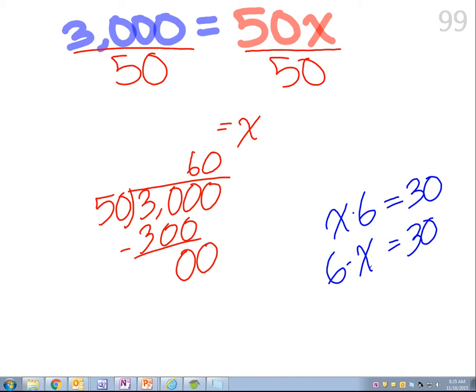I got 60. So I'm going to have 60 right there. So x equals 60. 5 times 6 is 30. You add 2 zeros. 30 plus 2 zeros is 3,000.